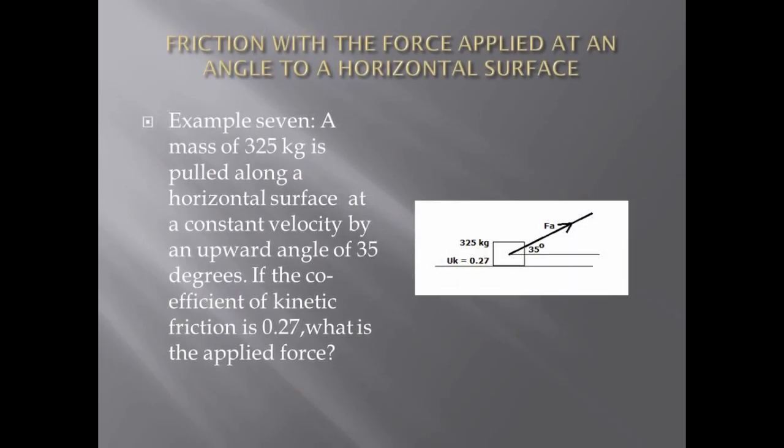Example 7. A mass of 325 kilograms is pulled along a horizontal surface at a constant velocity by a force applied upward at an angle of 35 degrees. If the coefficient of kinetic friction is 0.27, what is the applied force?